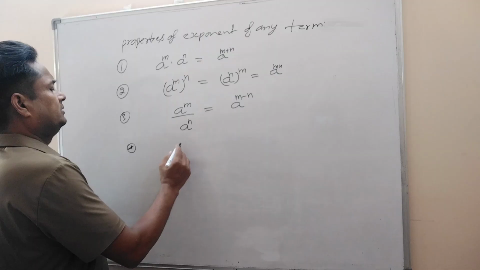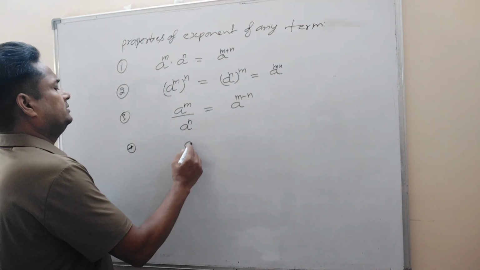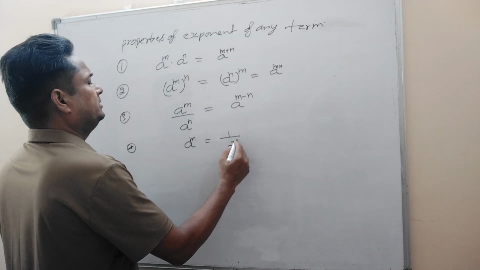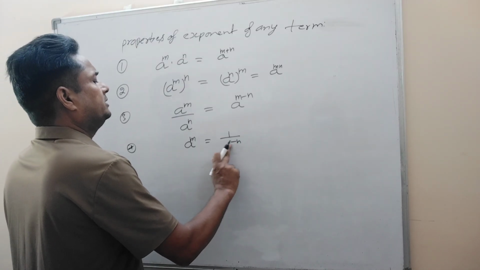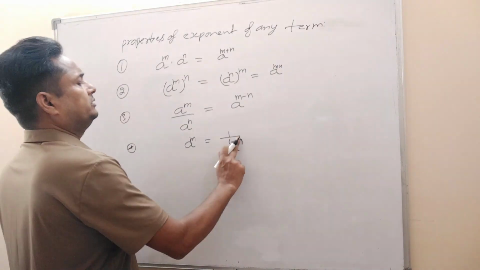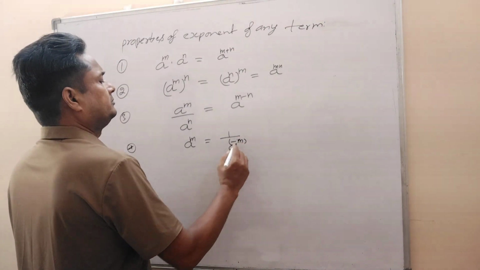That means a to the power m can be written as 1 by a to the power minus m. Both are same.